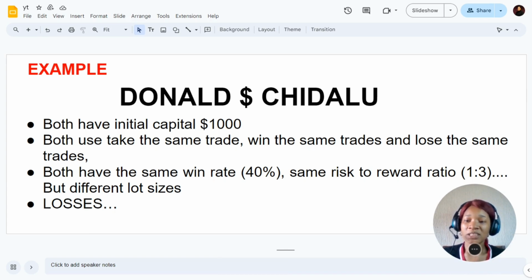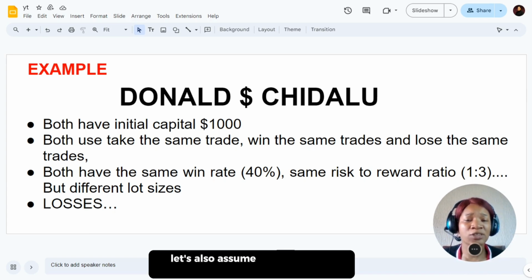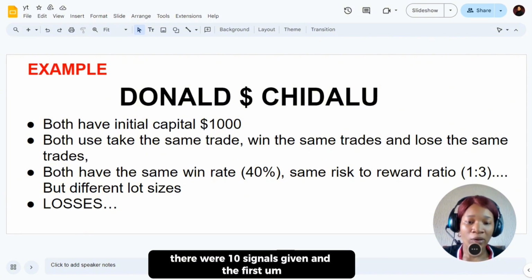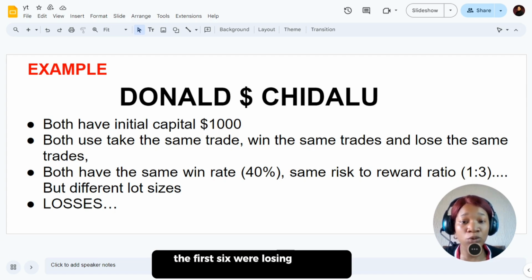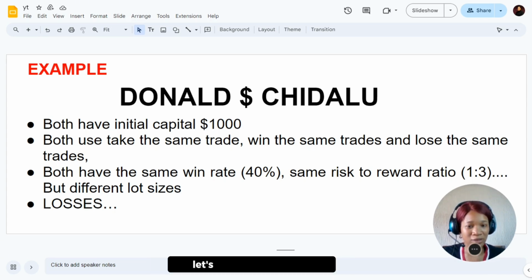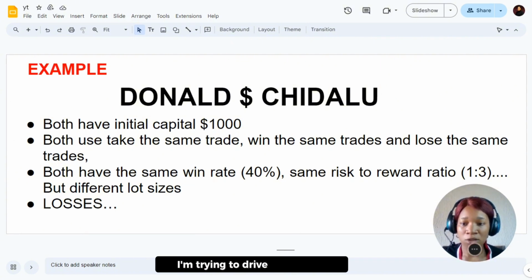So let's also assume again that out of the 10 trades they took, there were 10 signals given, and the first 6 were losing trades. It's just an instance. I just want you to get the point I'm trying to drive home.